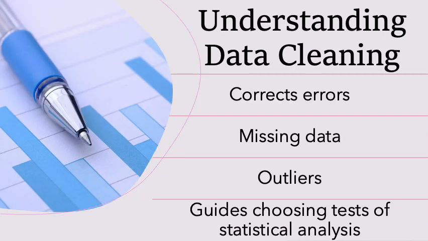So, to wrap up our discussion of data cleaning, which was a focus of my step 2.5 of hypothesis testing, data cleaning is an important first step for data analysis. Errors should be corrected before analysis is conducted to ensure the most accurate results possible.